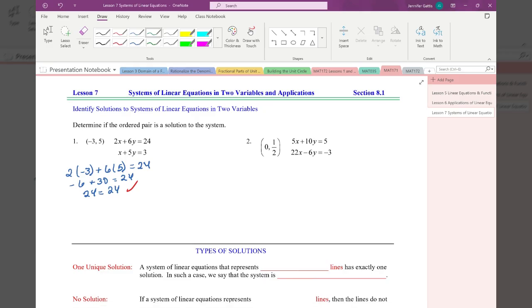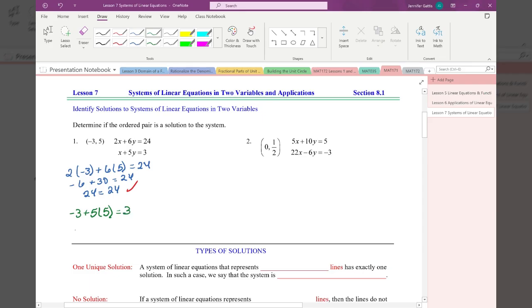However, in order for the ordered pair to be a solution to the system, it must also satisfy the other equation. So we're going to do the same thing. We're going to say -3 plus 5 times 5 is equal to 3.